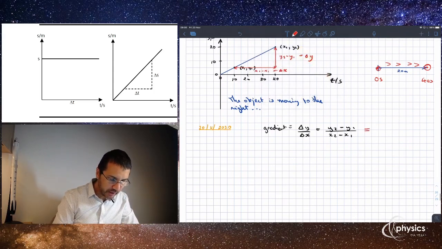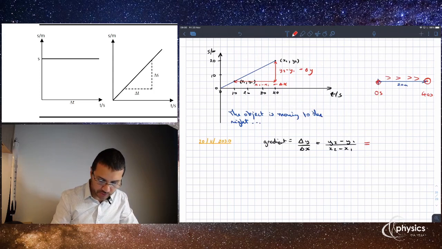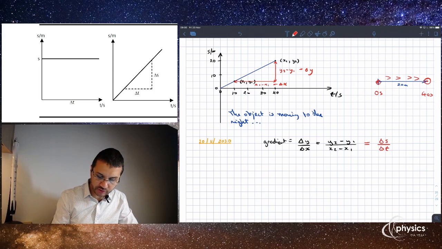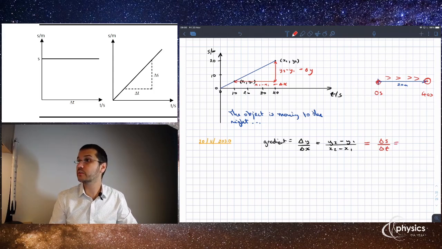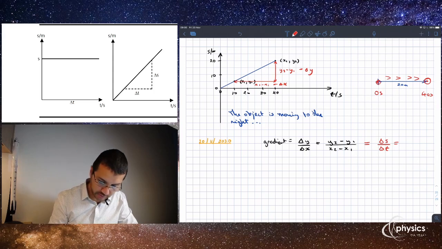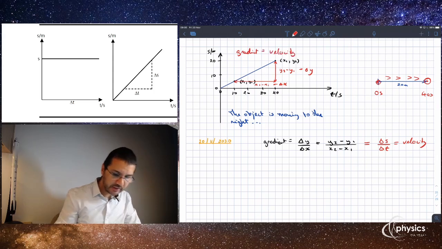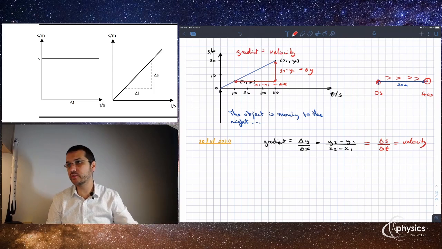The change in y, on the y-axis I have displacement, so change in y in our case is change in displacement. And time is on the x-axis, so the x change is change in time. But change in displacement over change in time is what? Velocity. Alright? Therefore, the gradient of this type of graph gives you the velocity.